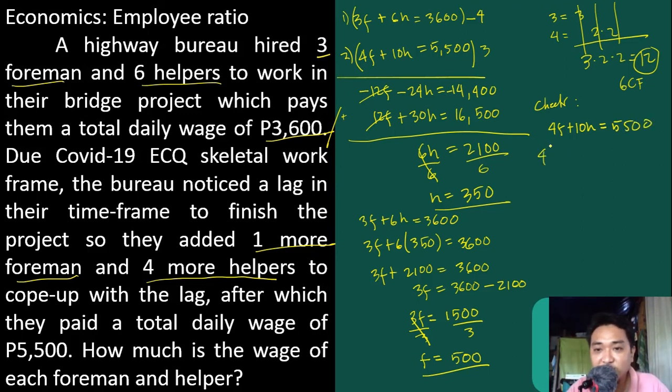So, the value of F is 500 plus 10 times the value of H is 350. It's equivalent to 5,500.